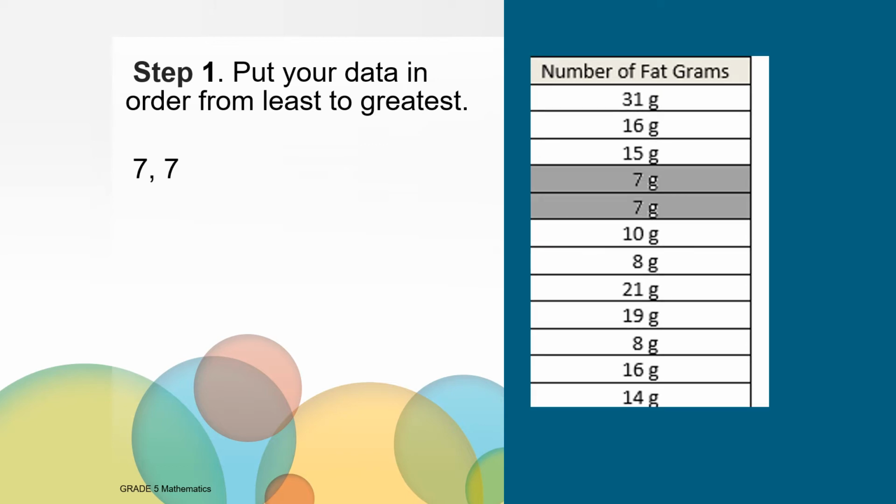I'm going to create my list of ordered numbers and mark them off as I go. I need to remember to include every piece of data even if the number repeats, like with the lowest value. 7 appears twice, so I need to list it twice.